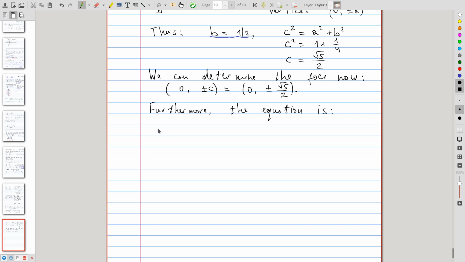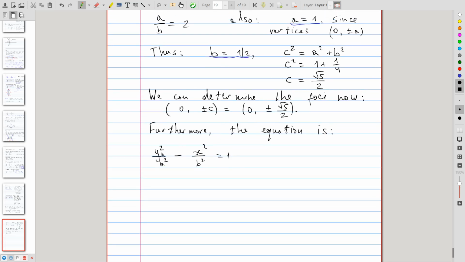So let's use that. We know it has the form, since it's a vertically oriented hyperbola, the y term comes with a plus. So we have y squared over a squared minus x squared over b squared equals 1. And it just remains to put in the values for a and b.